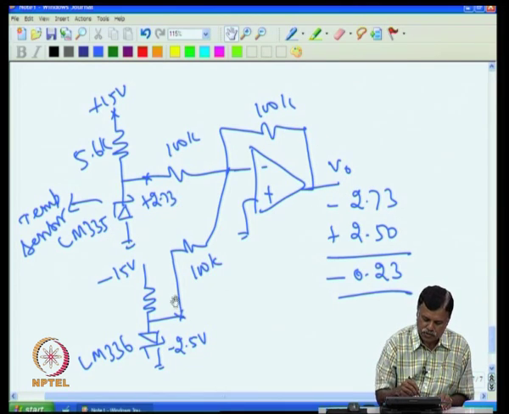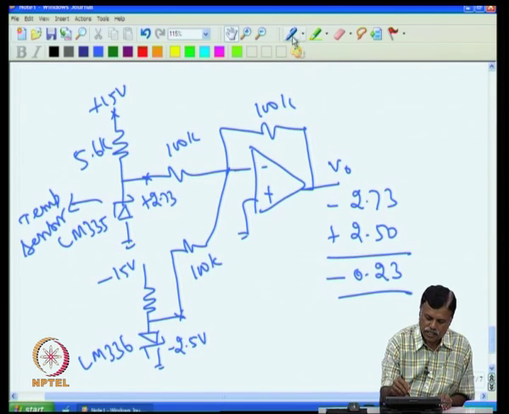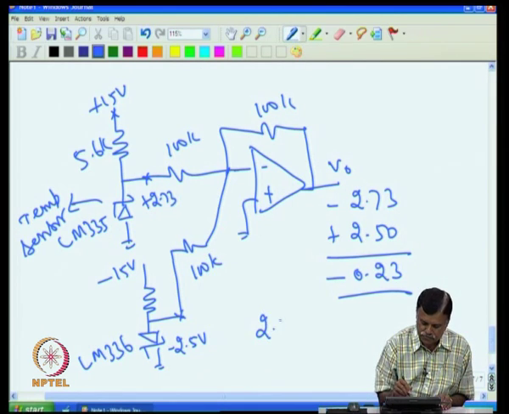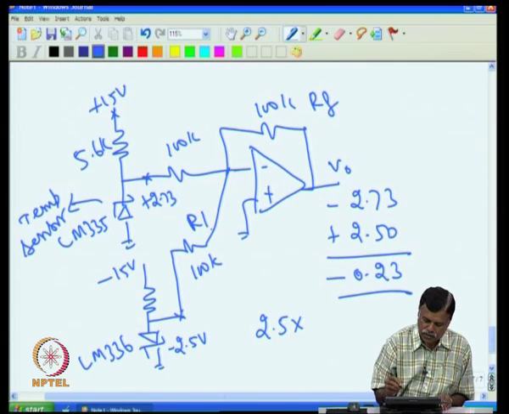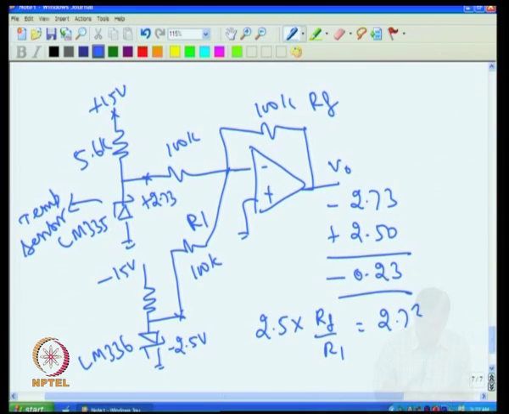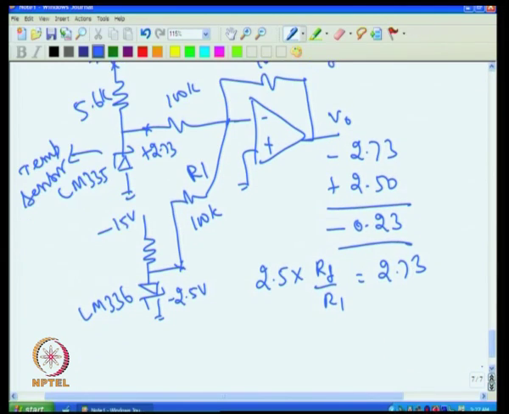So, if I look at this route, then I have reduced this resistance from 100 K. How much should I reduce? What is required is that the voltage of this 2.5 into RF by R1 should give me 2.73. Now, if I take this RF as 100 K, then 2.5 into 100 K divided by R1 should give me 2.73 volt.